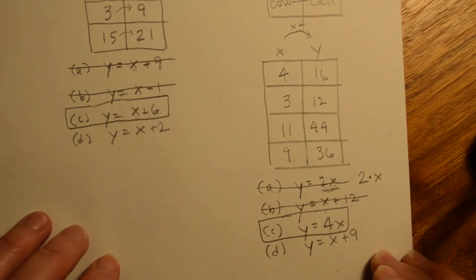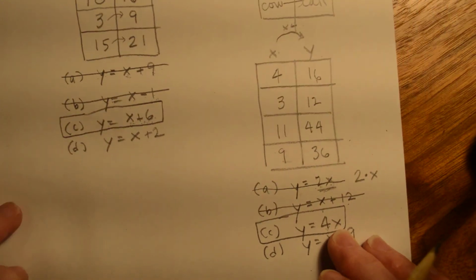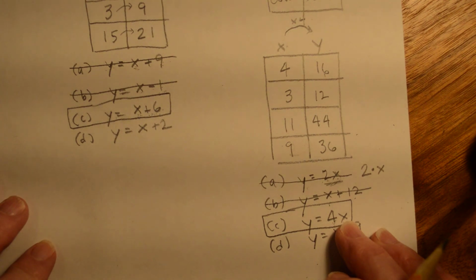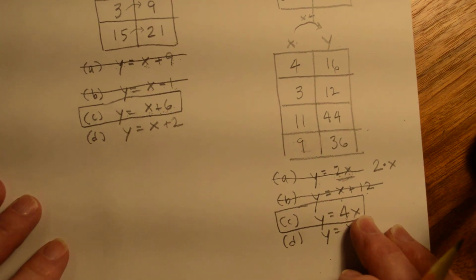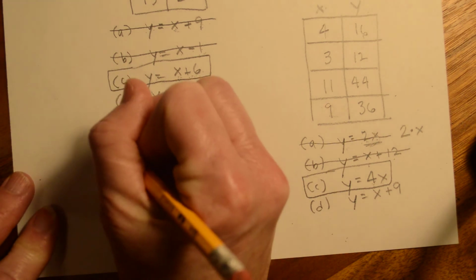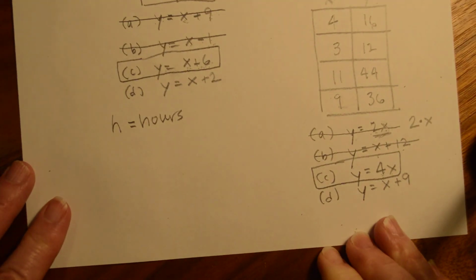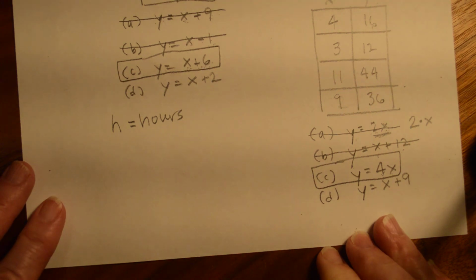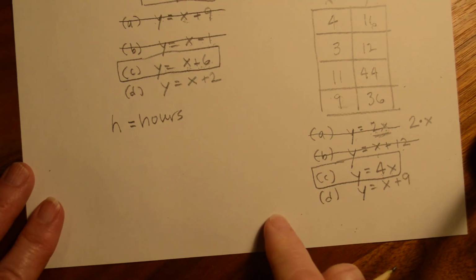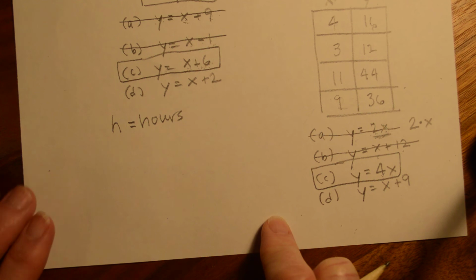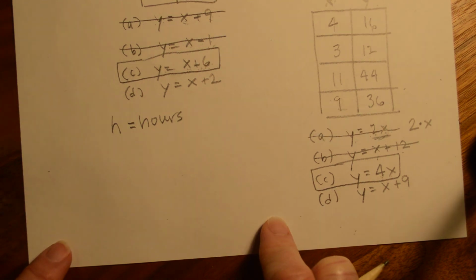All right, so they're going to start using variables to represent things. In problem 67, they do that. They tell you something like h stands for the number of hours. This is a little bit less like a function, but it is asking you to write an equation that describes what's going on in the problem. I'm not going to do it for you because I want you to try it.